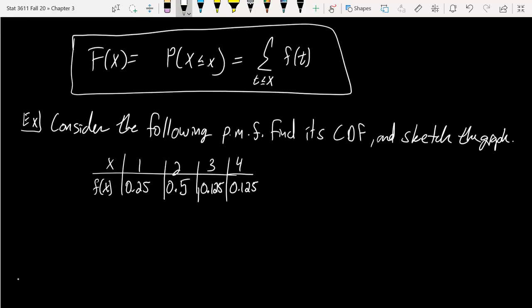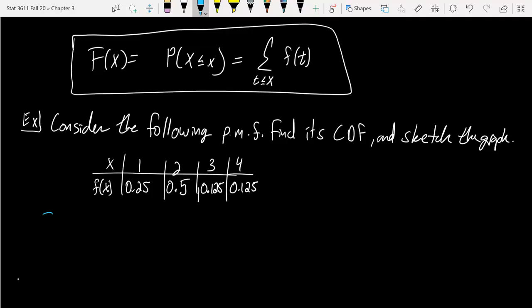All right, so find its CDF. Where can we start? We can start with 1 because anything below 1 has 0 probability.